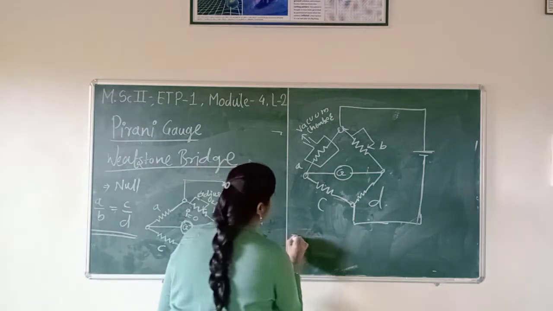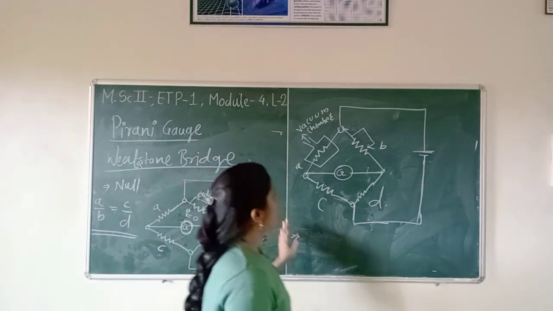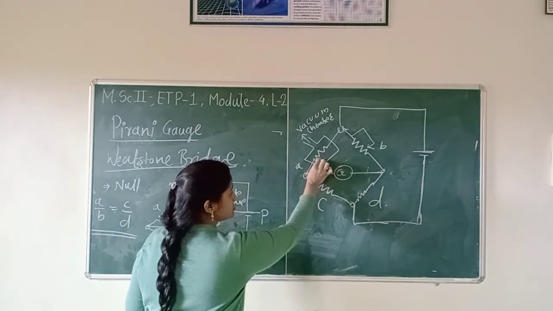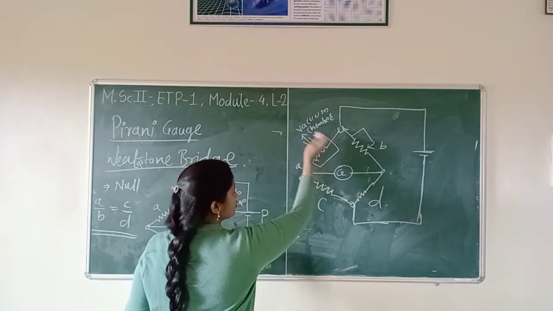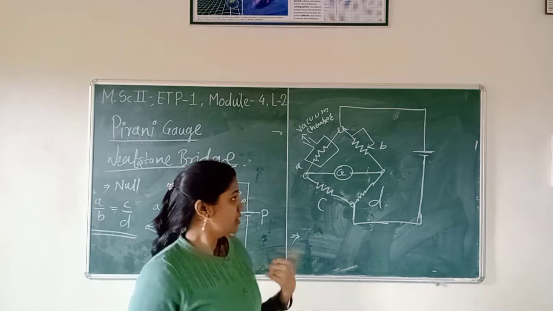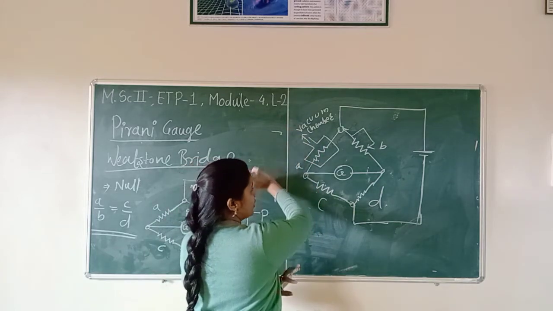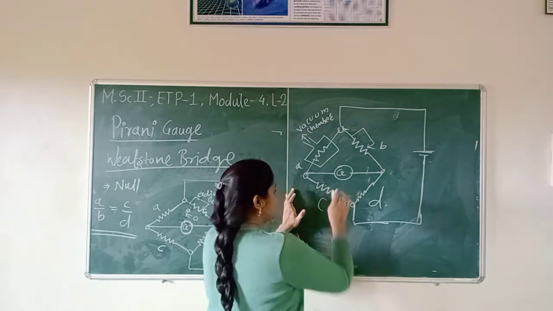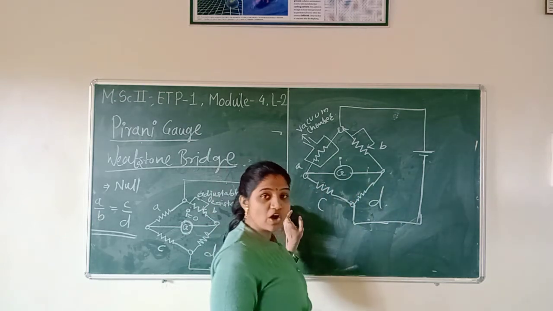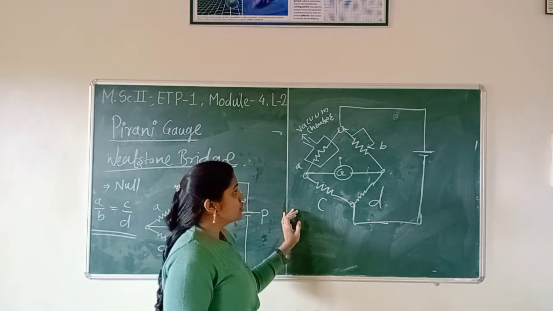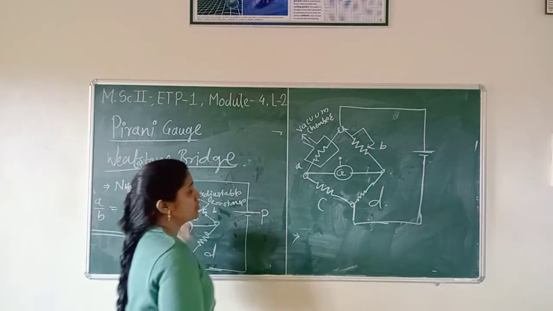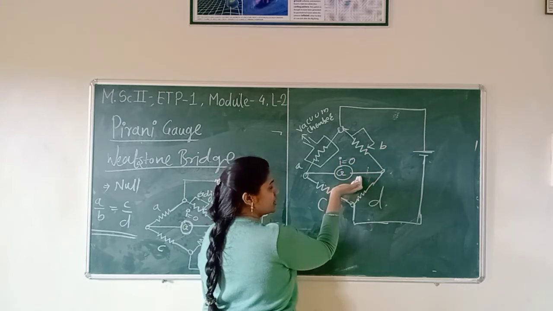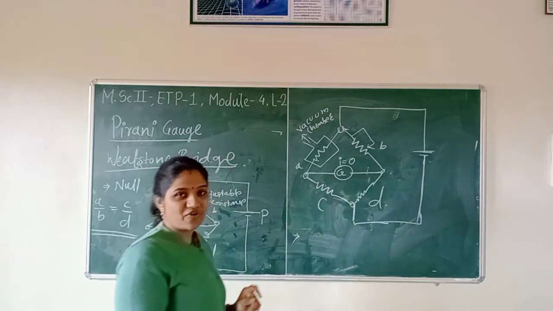Now see here, what happened? Initially when we are giving the power supply, this resistance is also connected to the vacuum chamber. When we give the power supply, the galvanometer shows some value of current, and using the null equation, by using the adjustable resistor we maintain the current I equal to 0 on the galvanometer.